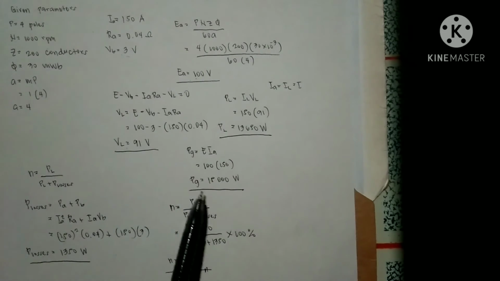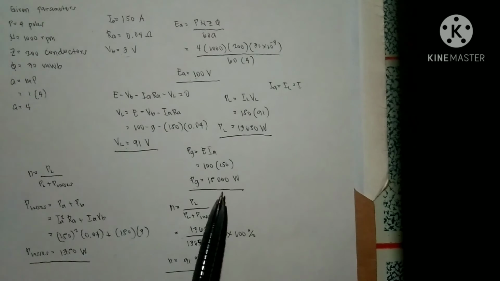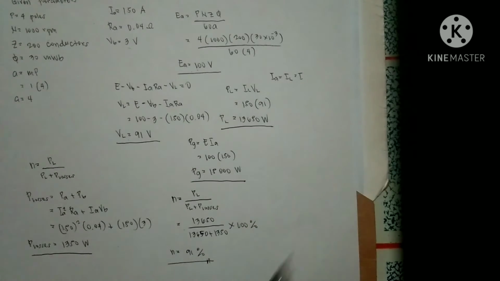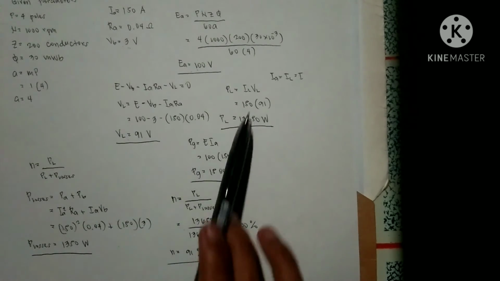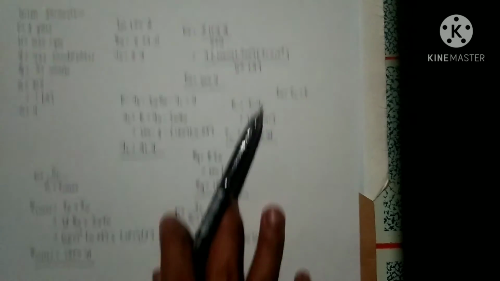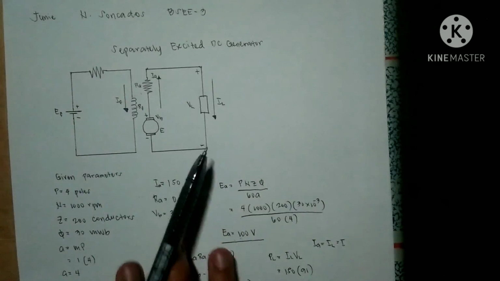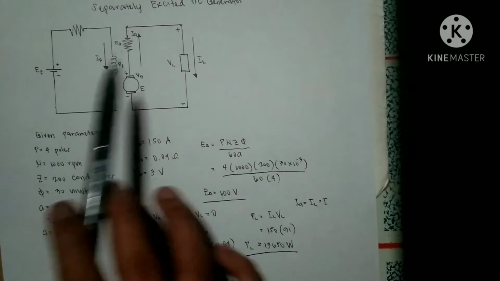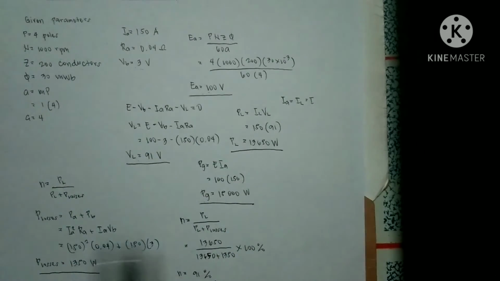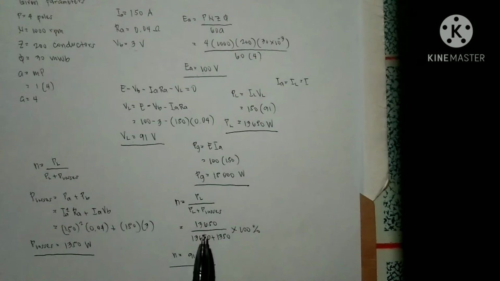The power generated in the armature is 15,000 watts. Since we now have the power delivered, we can also get the efficiency of this separately excited DC generator.